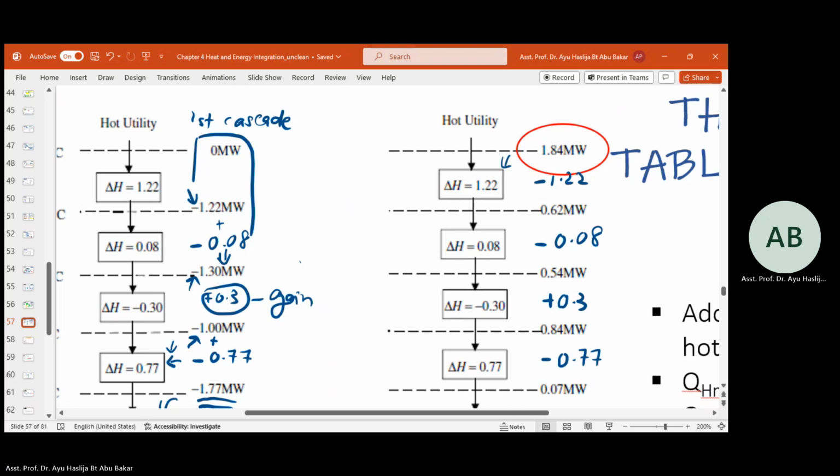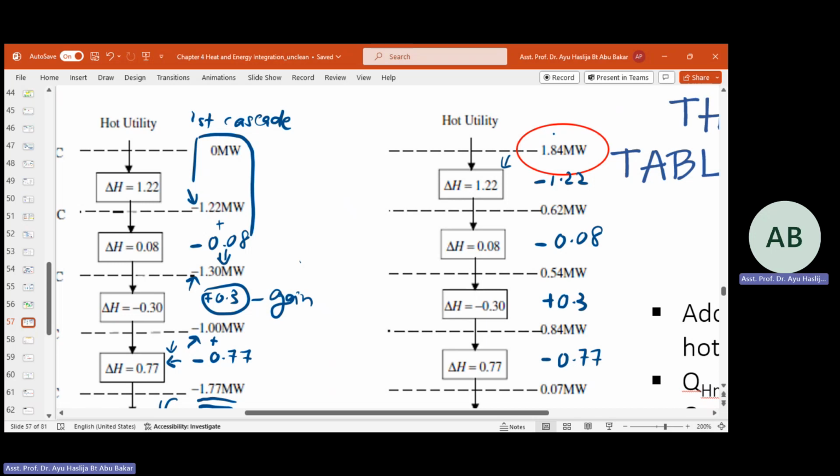Then, for the second cascade, here we assume that 1.84 has been supplied to the system. Now you already have 1.84.